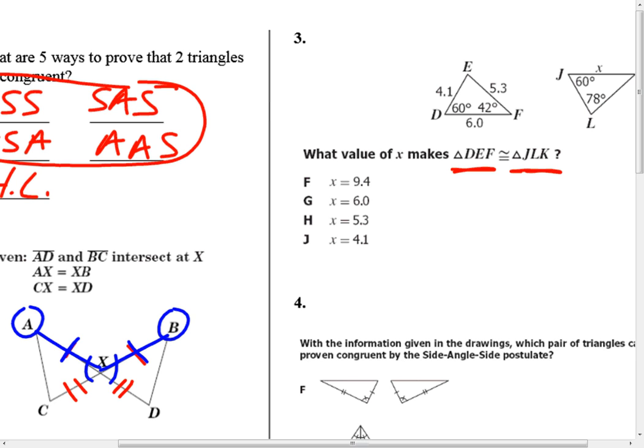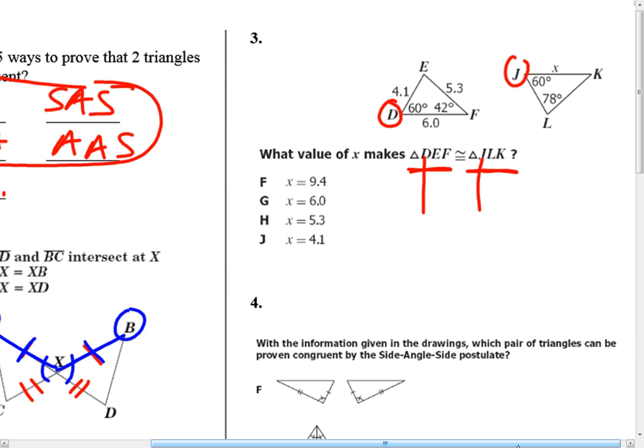The congruent part isn't really the important part. The important part is the letters. They correspond. D goes with J. E goes with F. E goes with L. And F goes with K. As a result, that means that this side corresponds with this side.